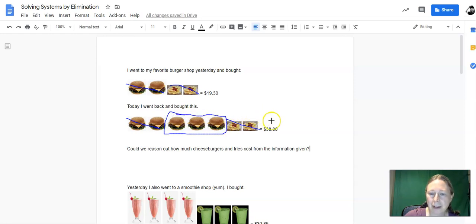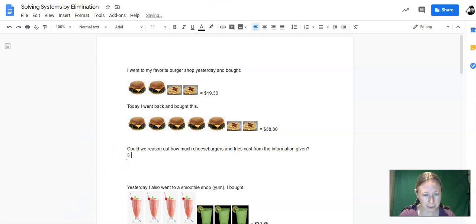So if I subtract 38.80 minus 19.30, that's the cost of the 3 cheeseburgers, because that's the difference between the 2 purchases. I did that with a calculator, and that came out to $19.50. So from that information, we know that 3 cheeseburgers cost $19.50.